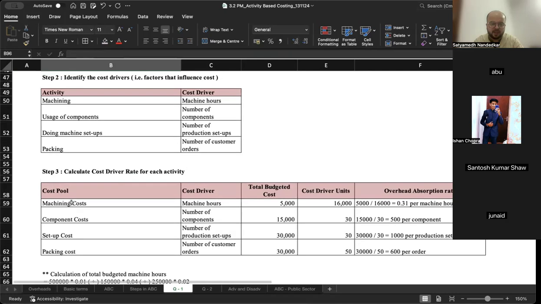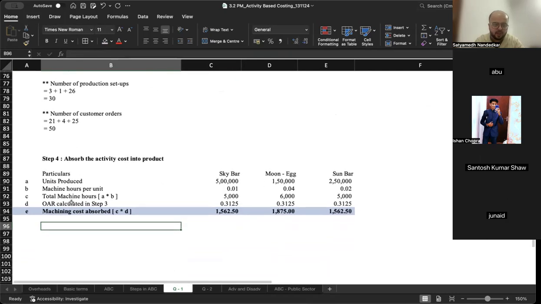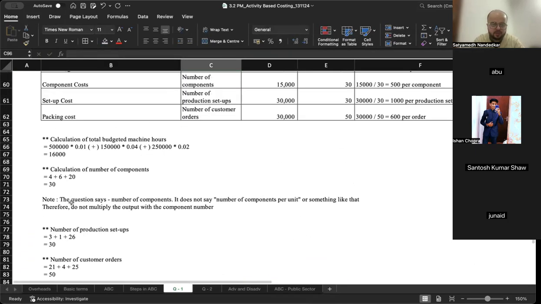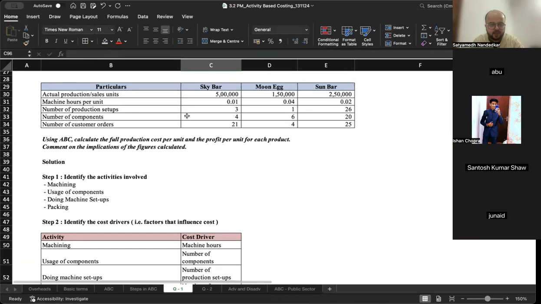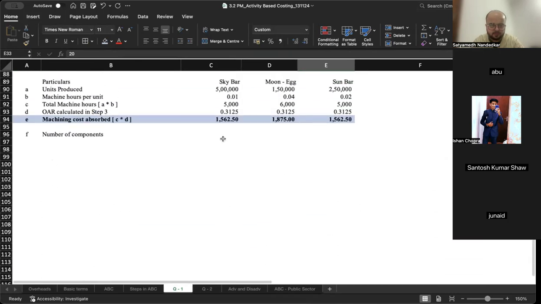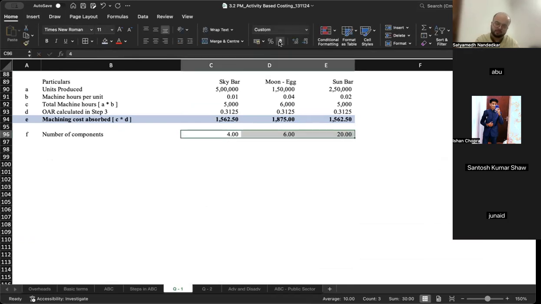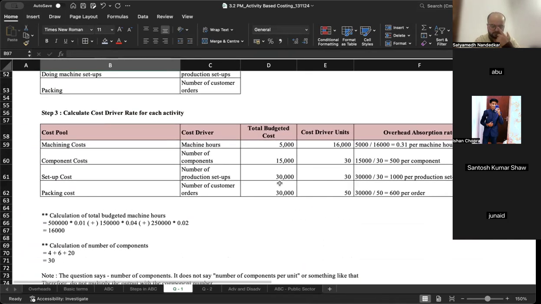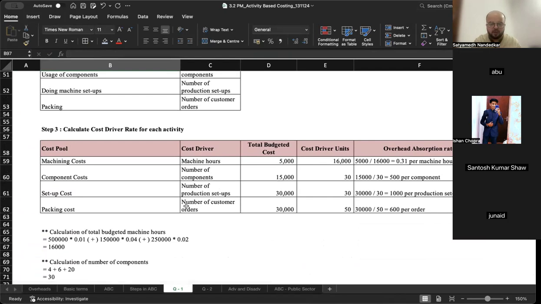Now let's go to the second item, which is the component cost. In row number F, we'll write down number of components, which is 4, 6, and 20. Now what is the cost per component? 500.